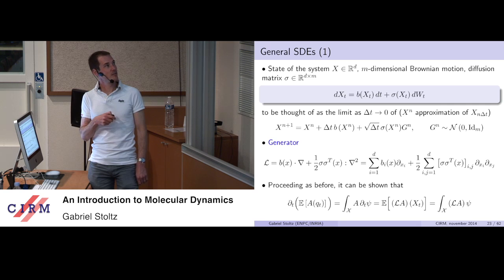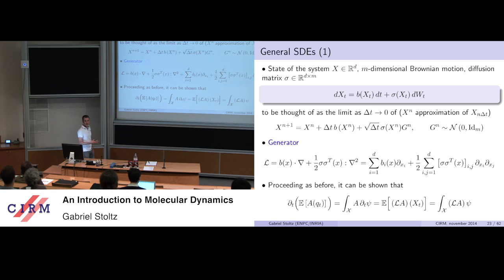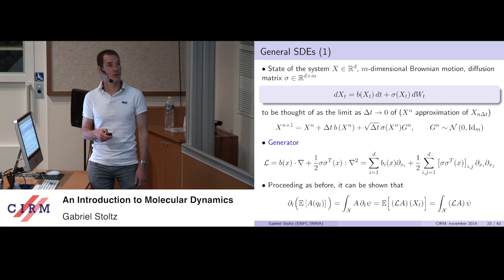So that's the interest of the generator. It tells you how average properties evolve in time. For those of you who know quantum mechanics, this would be somewhat the Heisenberg picture of looking at evolution of observables. And once you have that, you can derive the Fokker-Planck equation as being d_t of psi is the adjoint of L applied to psi. So that's the way it works.